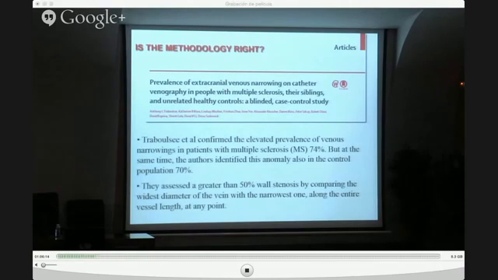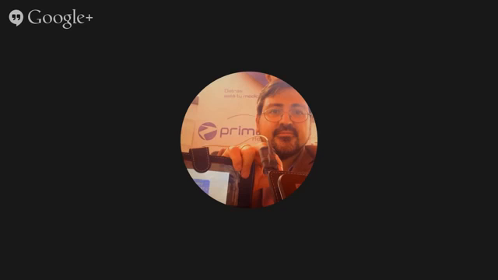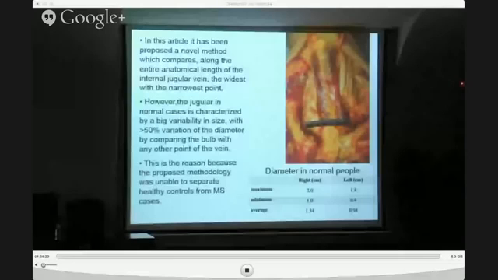measuring the narrowest and the widest diameter. Clearly, the diameter in normal people, the jugular, on the right, the maximum is 2, and the minimum is 1. Exactly 50% stenosis.